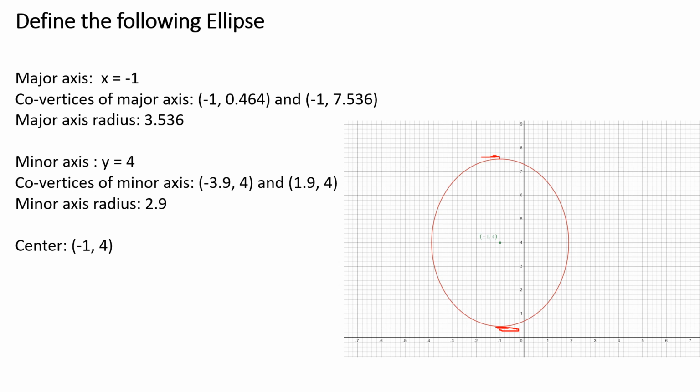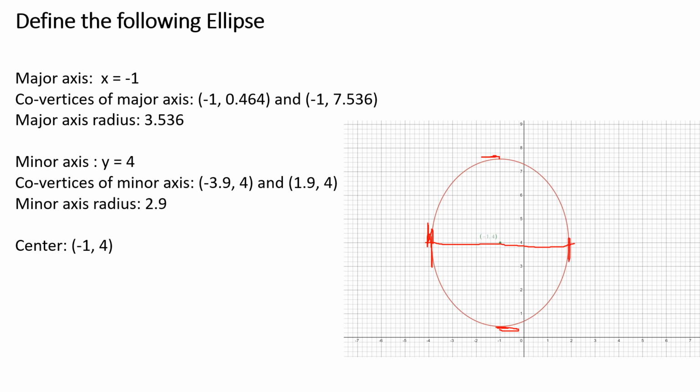My minor axis is going to be at y equals 4, right there. And that looks like negative 3.94 for this x coordinate, and this looks like 1.9, a little bit below 2, and 0.4.